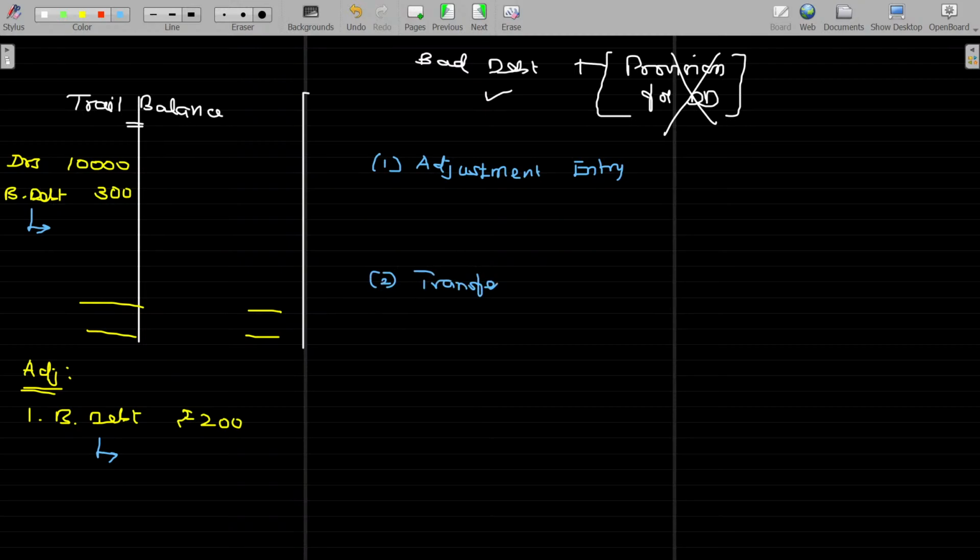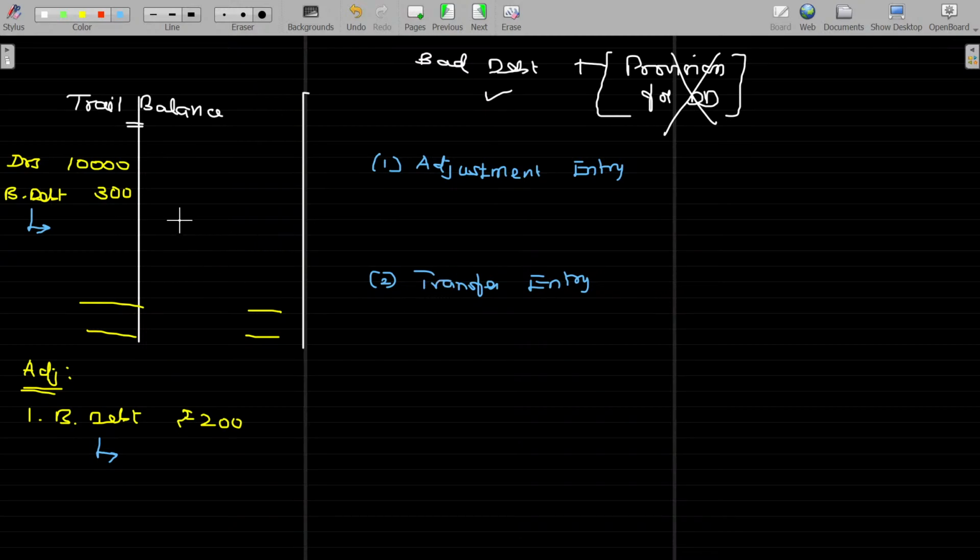The adjustment entry is nothing but that the bad debt will be adjusted in the debtors. Depreciation is a loss that will be adjusted in the assets account: depreciation to asset. Bad debt is also a loss that will be adjusted in the debtors. The entry is bad debt to debtors. That is called the adjustment entry. The transfer entry is nothing but that ultimately these nominal accounts should be transferred to the P&L account.